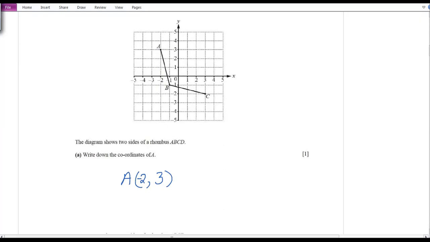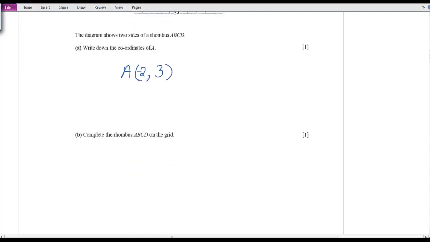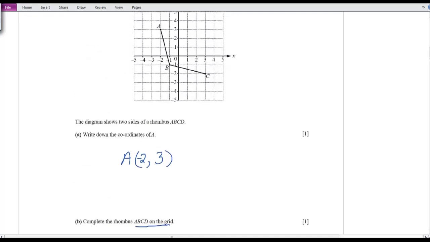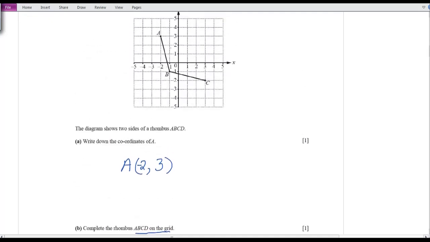Okay. Then complete the rhombus on the grid. Actually, what is a rhombus? For example, in a rhombus, all sides will be equal. So right now, if you have to reach B, how will you reach B? 1 on the left and then 1, 2, 3, 4 steps downwards.